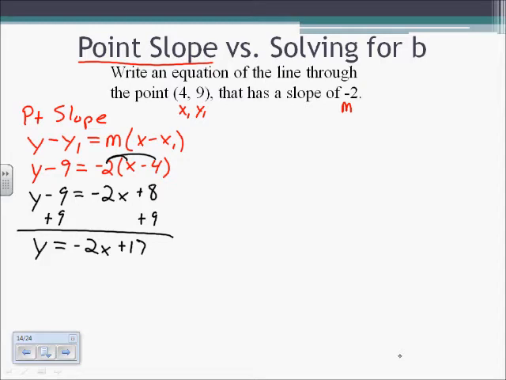Now this was the point slope method. The solving for b method works directly with the slope-intercept form, where b is the focal point. So let's talk about that now.